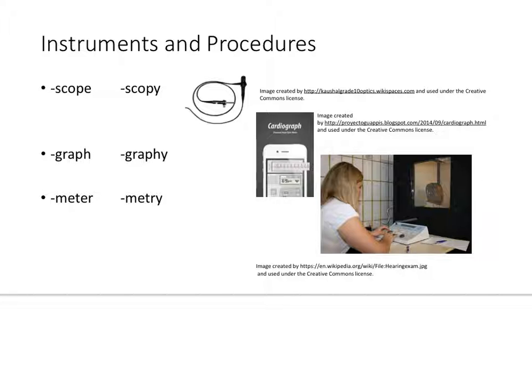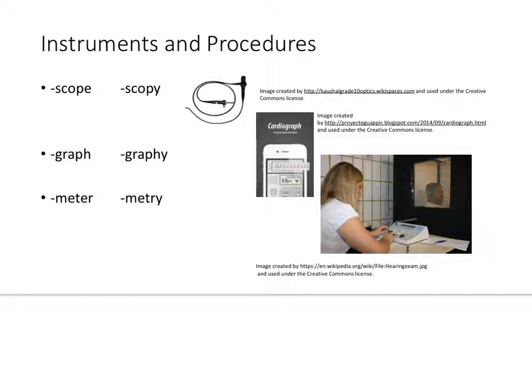In the case of endoscopy, they take a scope and put it inside of the person's intestines, and they can look for things, the condition inside. So scope is the instrument that's used, and scopy is the actual process of doing a scope.